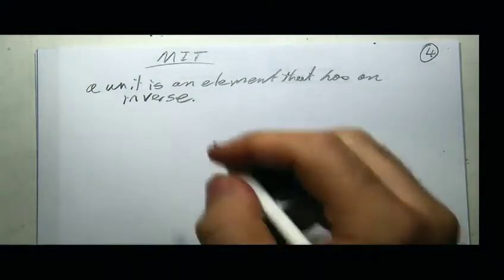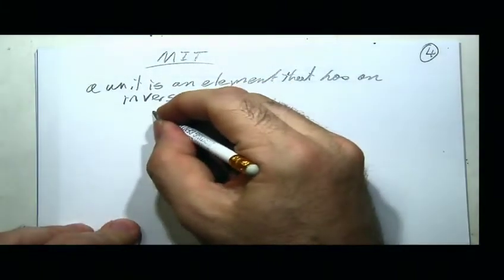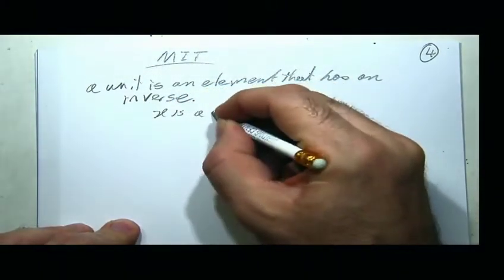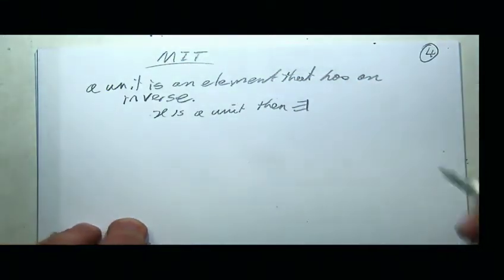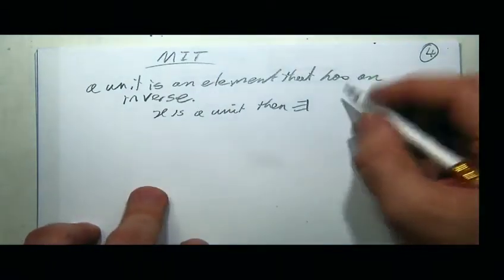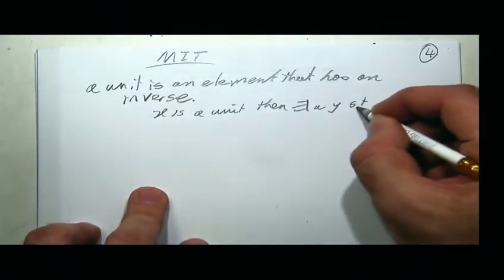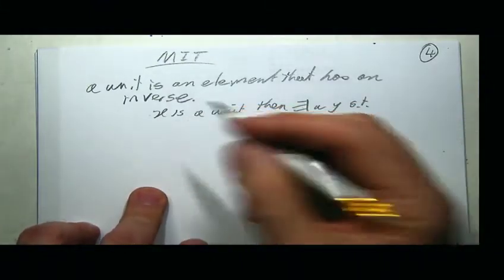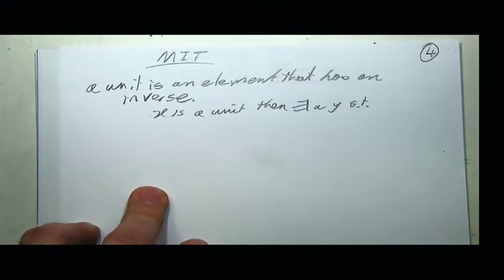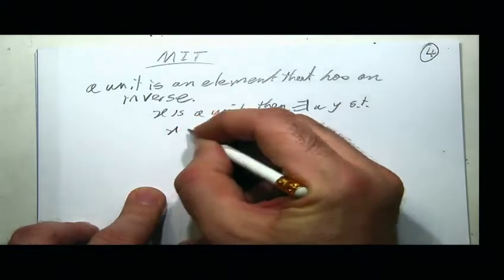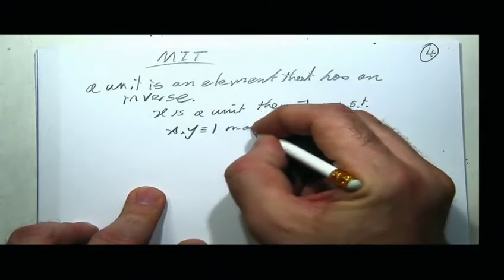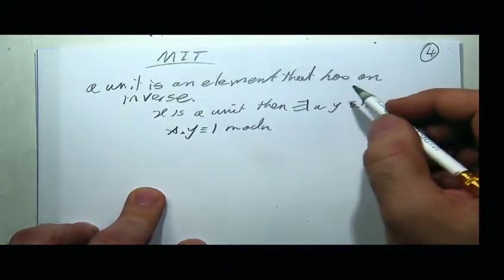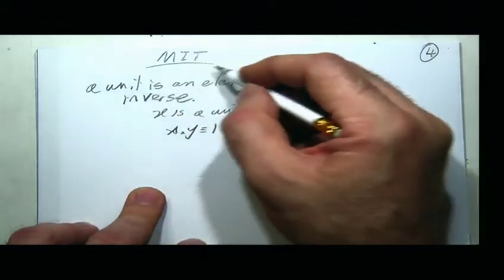What does that mean? It means if x is a unit, then there exists a y such that, again, shorthand, no mathematician can be bothered writing stuff out longhand more than a couple of times in a day, such that x times y is congruent to 1 mod n.